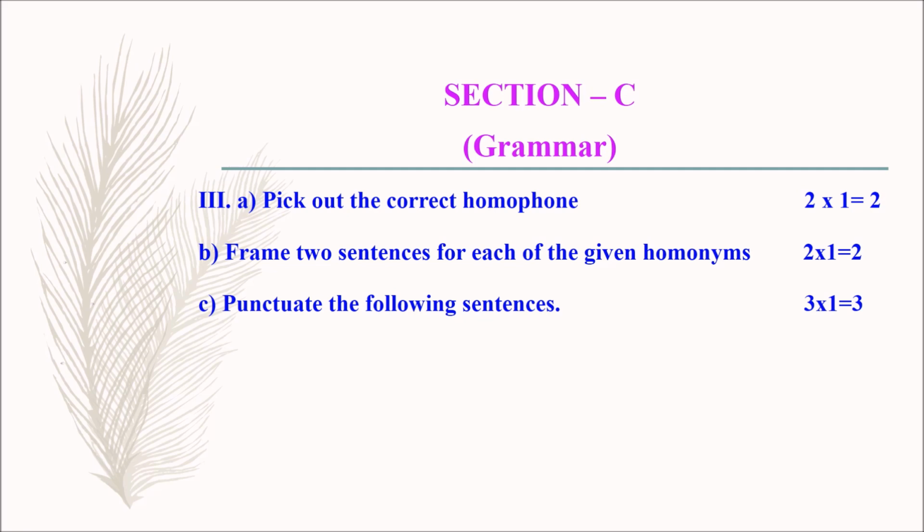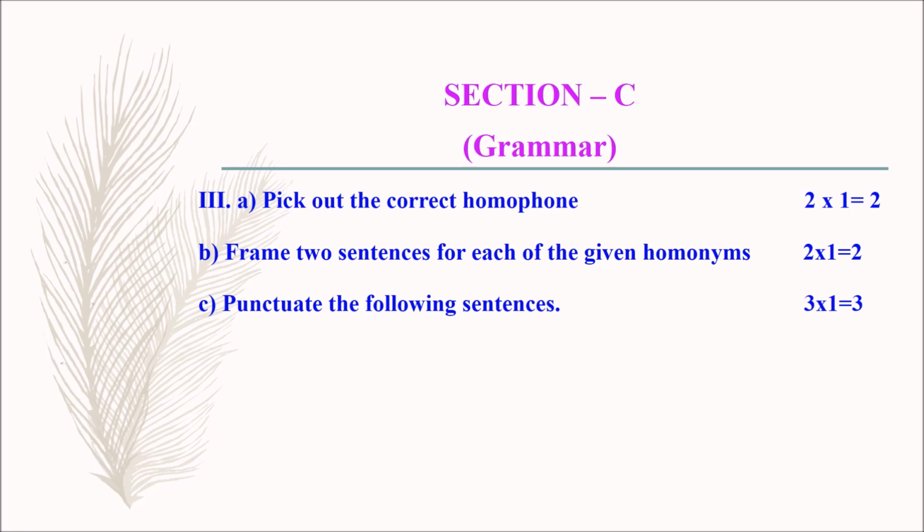Next one is frame 2 sentences for each of the given homonyms. Here, they will give you 2 homonyms. For each homonym, you have to write 2 sentences. In homonyms, you will get 2 questions. Each question carries 1 mark.